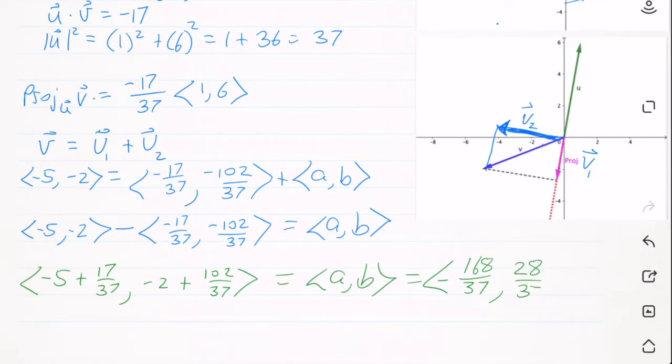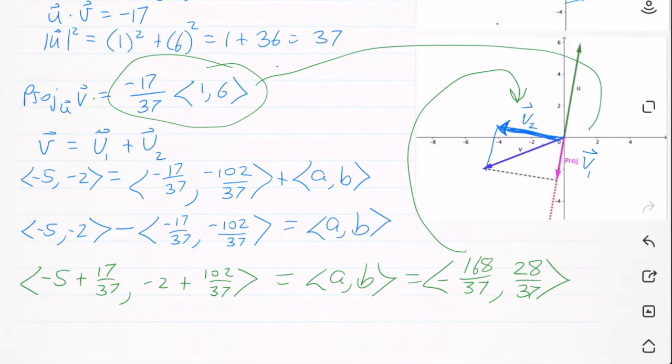That actually turned out better. Alright, so this vector represents v2. This vector represents v1, and they're an orthogonal pair.